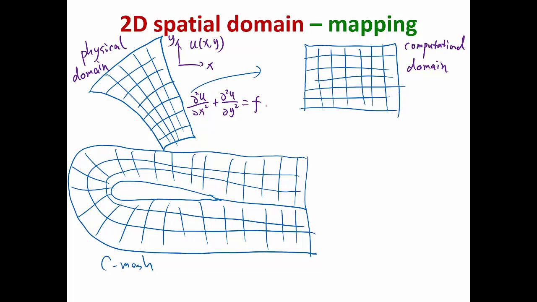The question is, if I have a mapping between x and y and the coordinates xi and eta, these are Greek letters. Mapping, what do I mean by mapping? A mapping means I have a function that gives me x as a function of xi and eta, and y also as a function of xi and eta. And also the inverse mapping.